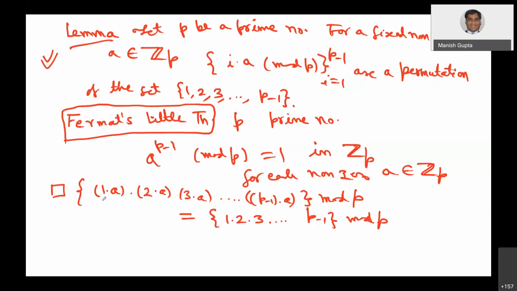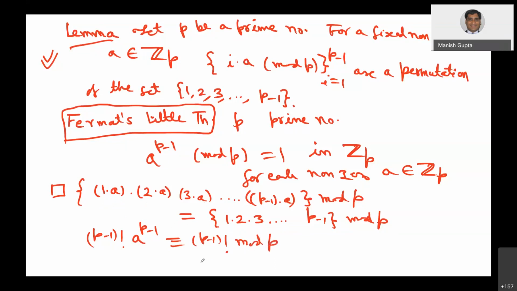Now the left hand side, because we are taking the product, will be factorial p minus 1, because 1 into 2 into 3 up to p minus 1 is factorial p minus 1, into a raised to the power p minus 1, because there are p minus 1 terms and we are multiplying a that many times. This is congruent modulo p to factorial p minus 1 on the right side, the product modulo p.